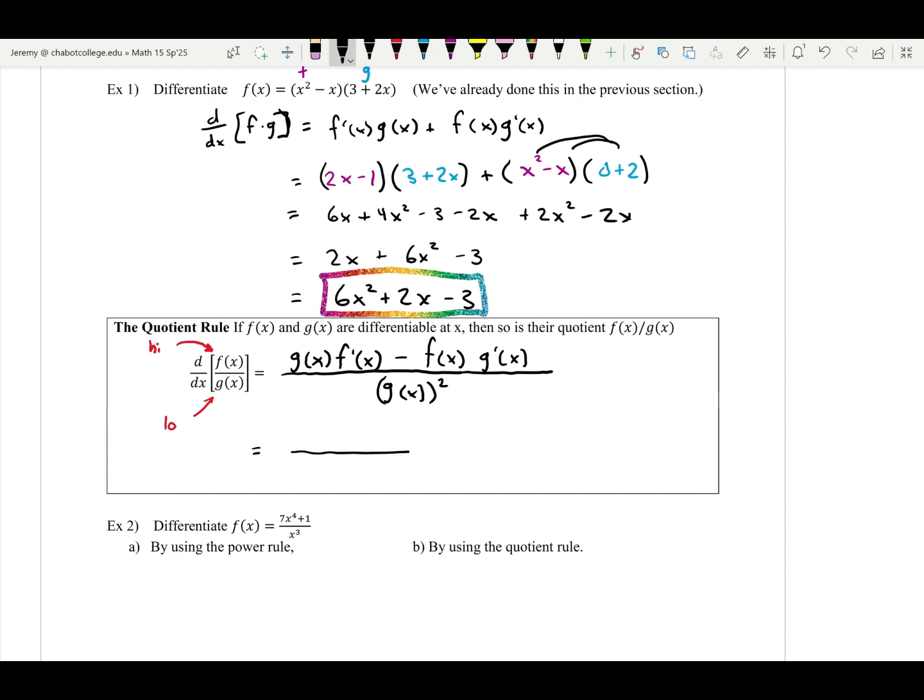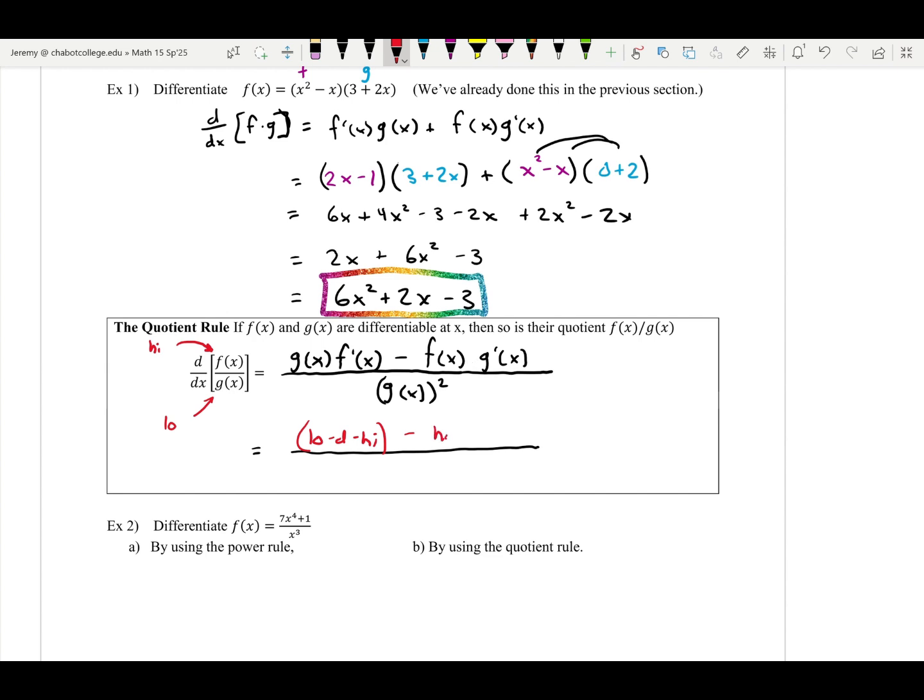So the rule, we can also express it in this kind of silly but more memorable way. This first term up here is the low function times the derivative of the high function. So we can say low d high. And then subtract from that the second term, which is the high function times the derivative of the low function.